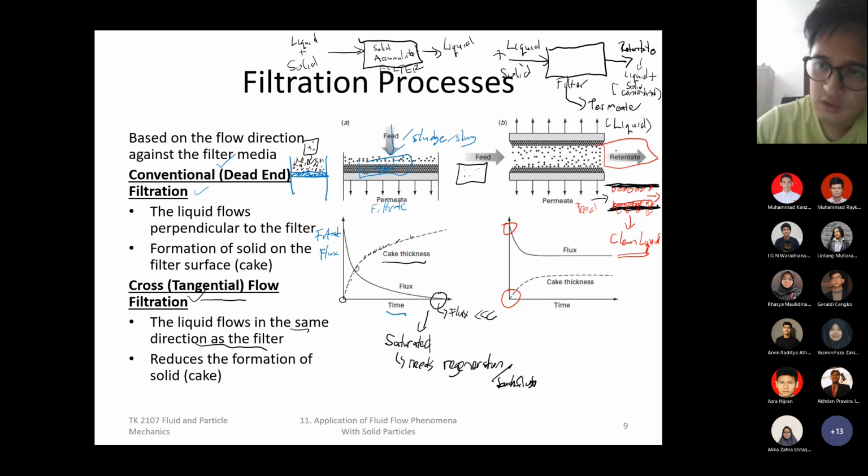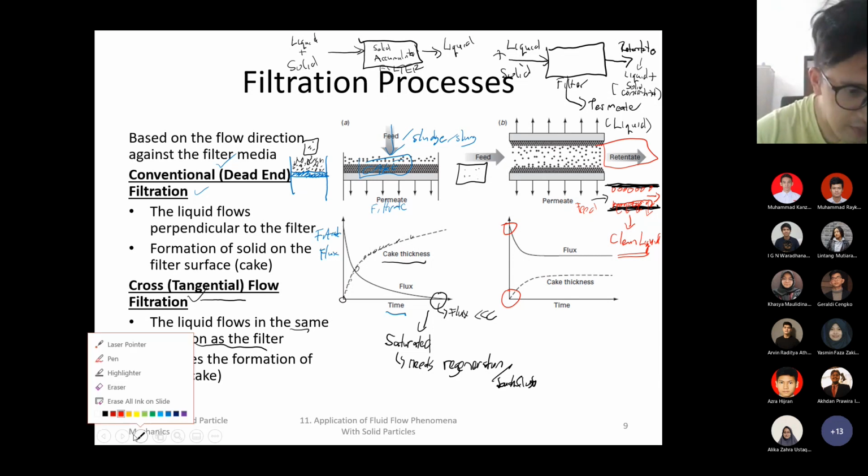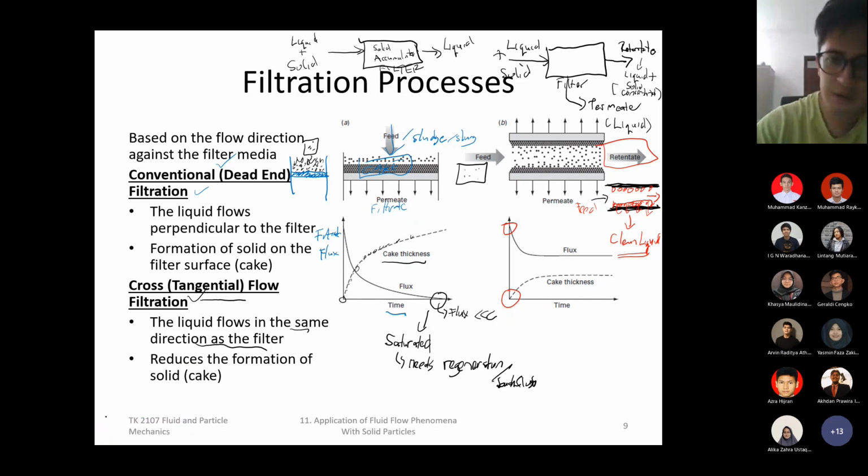Okay, so if we compare, let's say, using the same picture over here, that's the feed. With that kind of particle density, maybe the retentate becomes more concentrated. We have like a concentrated slurry, rejected water, because most of the solid will go towards this retentate.